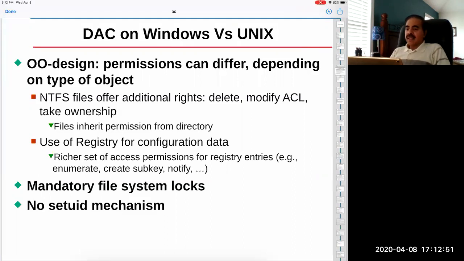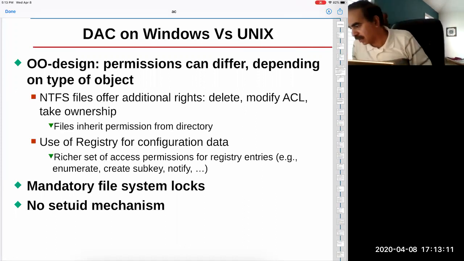Interestingly, the setuid mechanism is one of the very few things that was patented on Unix. And perhaps because of that, Windows decided not to use that feature. So there isn't a way to escalate privilege simply by executing the program on Windows.